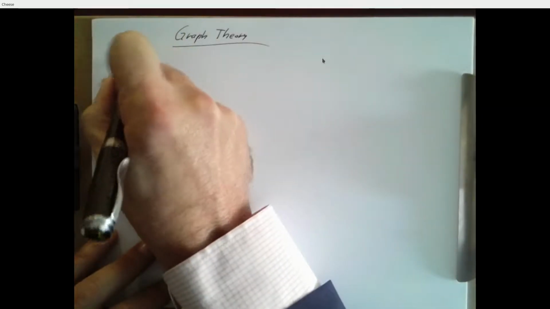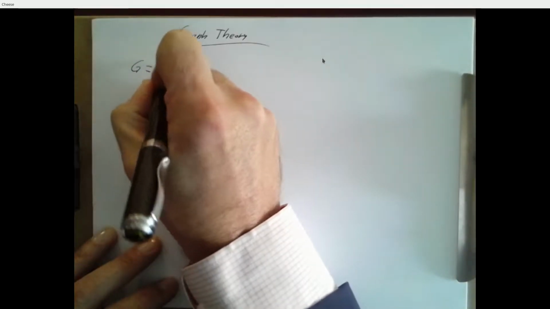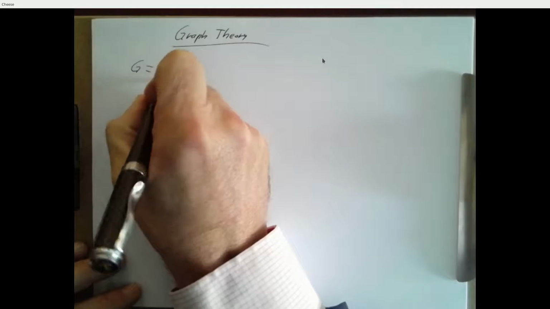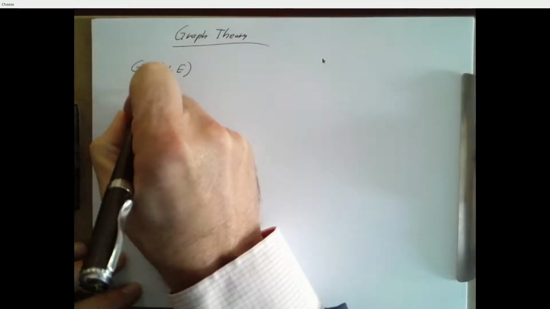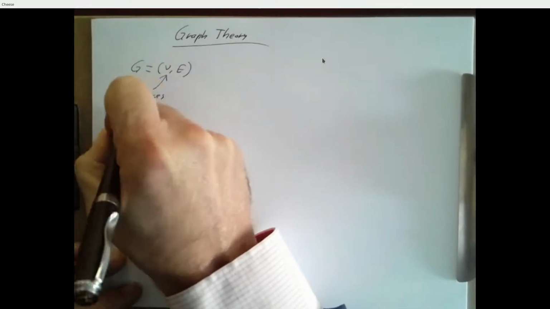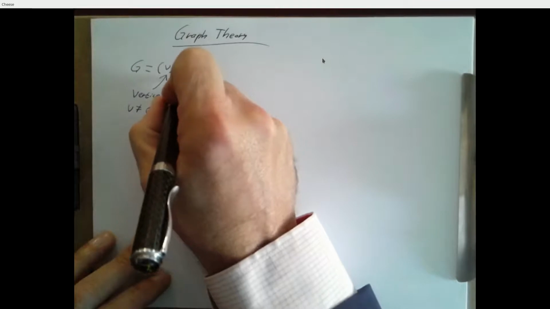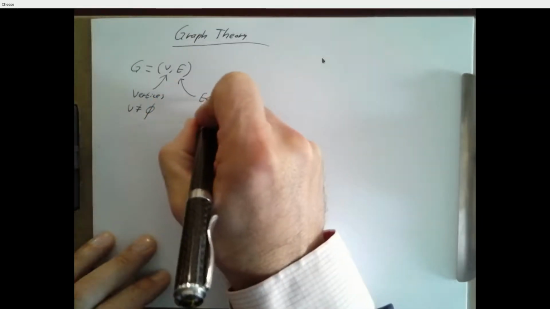We're going to start with a bit of the theory side of what graphs are and what they're made up of. So I'm going to write G as an ordered pair of sets V and E, and V is going to be called the vertices. And V cannot be empty. There's got to be at least one vertex. And E is the set of edges.